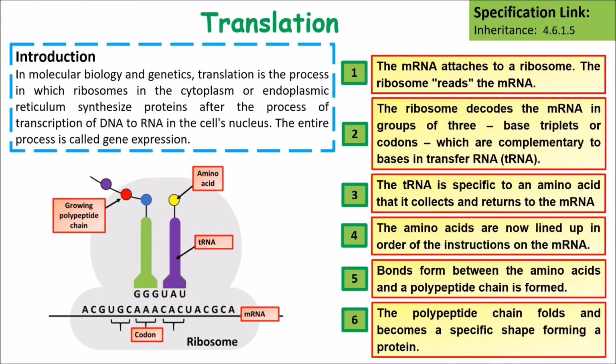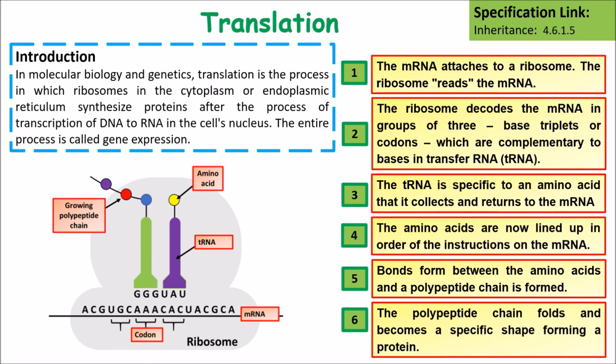The ribosome decodes the messenger RNA in groups of 3, so these base triples or codons, which are complementary to transfer RNA. The transfer RNA is specific to an amino acid that it collects and returns to the messenger RNA that's being fed through the ribosome.